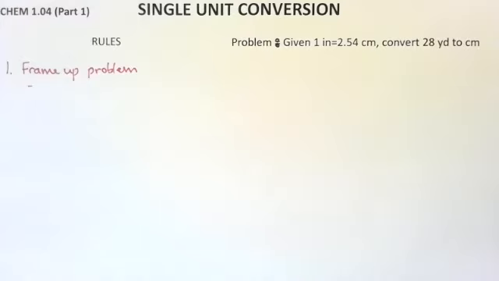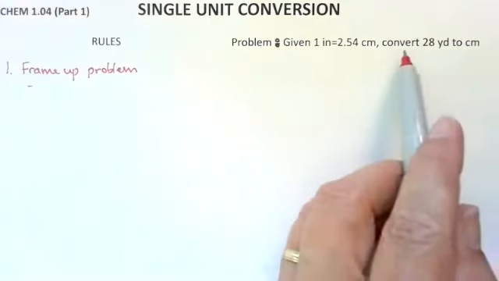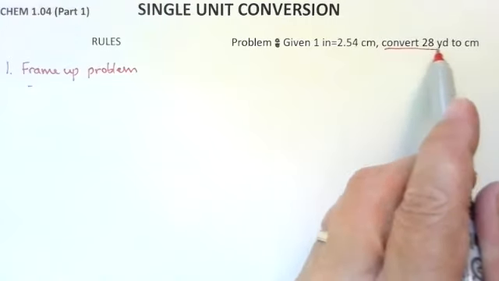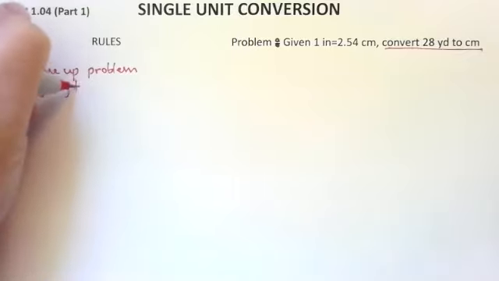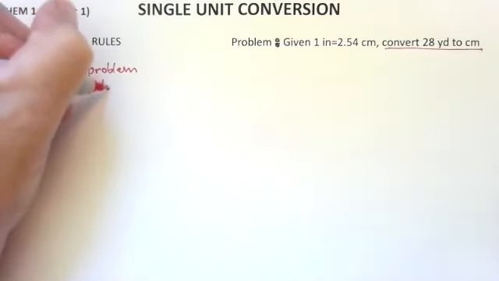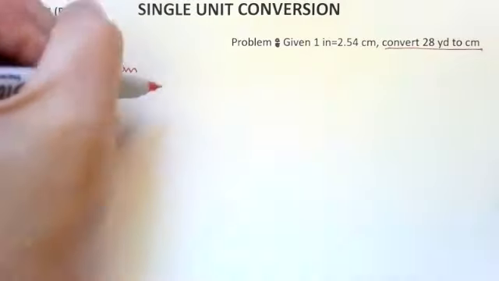Now, in this problem, we don't have a question word. So often what I'll tell students to do is to look for the question word. This is kind of a straight up conversion where it says convert 28 yards to centimeters. So what you're going to do with the frame up is put what you're going to, or solving for, on the left.